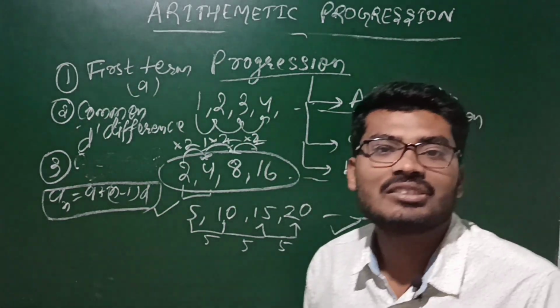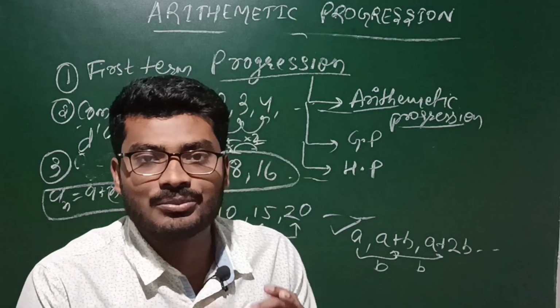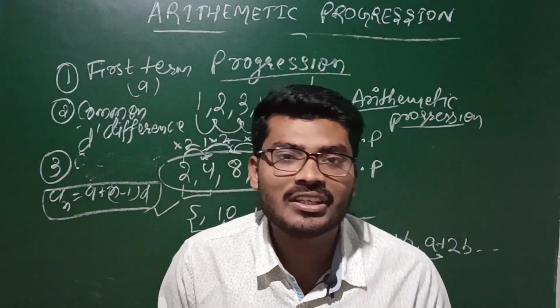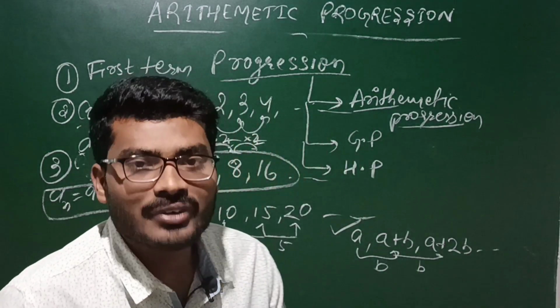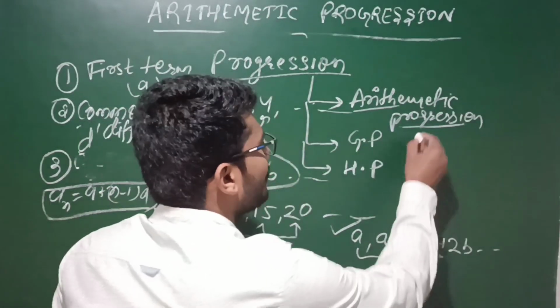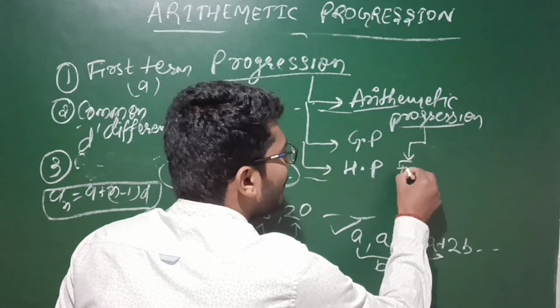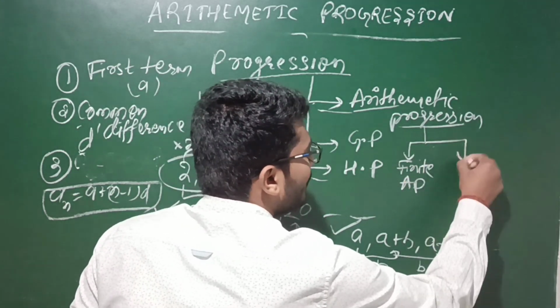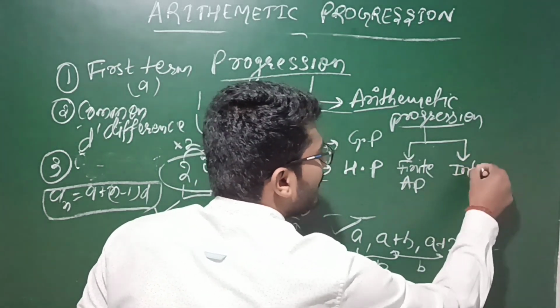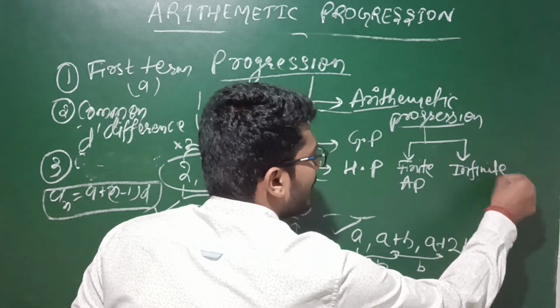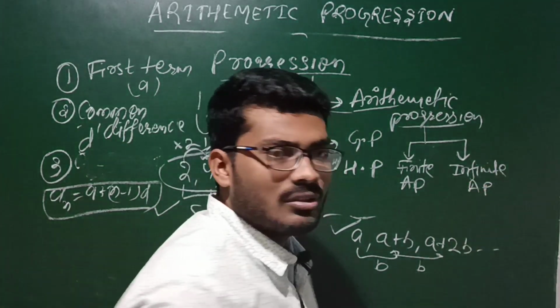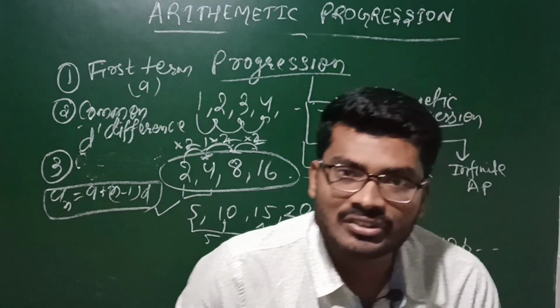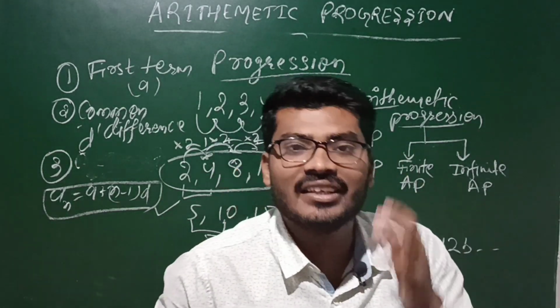Arithmetic progressions are classified into two types. The first one is finite arithmetic progression and the second one is infinite arithmetic progression. In a finite arithmetic progression, the AP has an end.